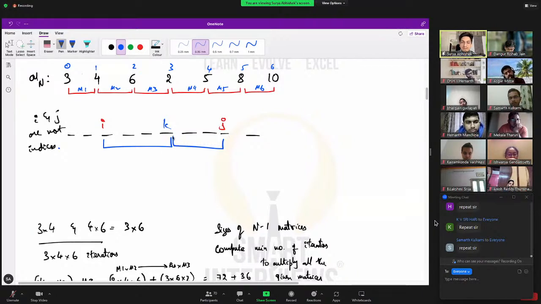To be precise, we are not multiplying k to j matrices, we are exactly multiplying k plus 1 to j matrices. i to k is one set of matrices, and k plus 1 to j is the next set of matrices, right? That is what we are multiplying here.